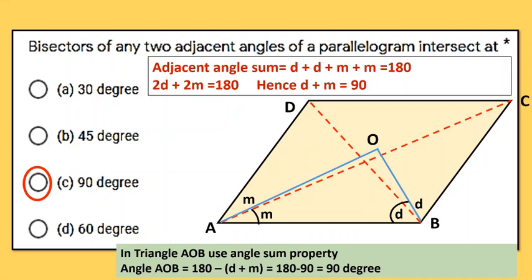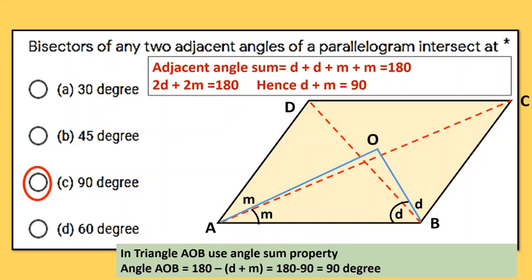Adjacent angles are supplementary. D plus M plus M is 180. Adjacent angles, no. M, D, D, wherever marked. So 4 times M, 2 times D, D, 2 times. 4 sub-angles are there for the adjacent angle. 2D plus 2M is 180 degrees, or 1D plus 1M is 90 degrees. So you deduce that AOB will be 90 degrees.